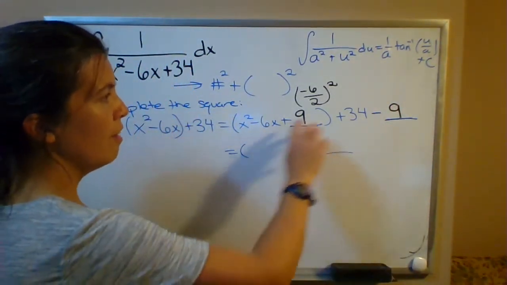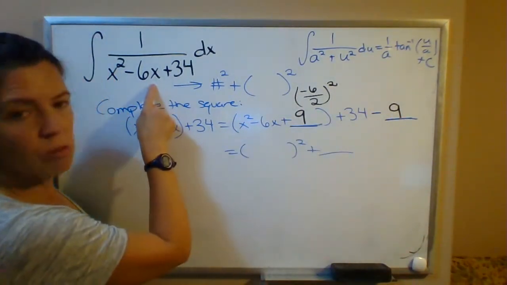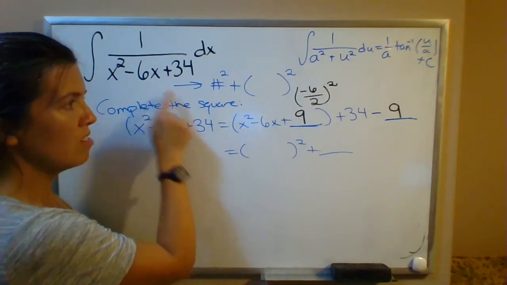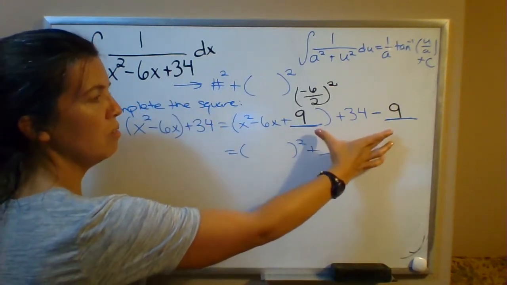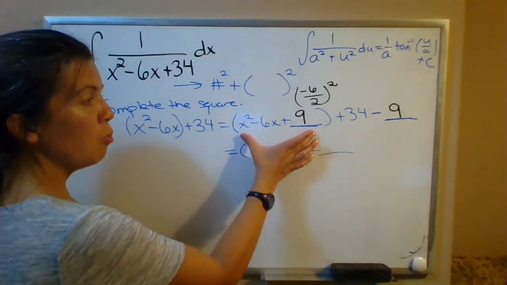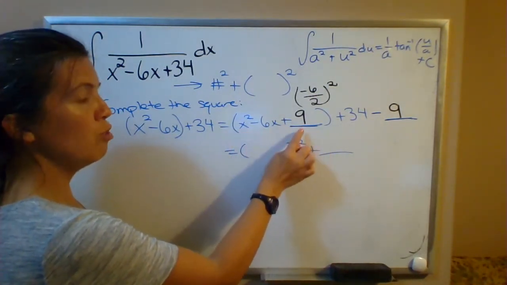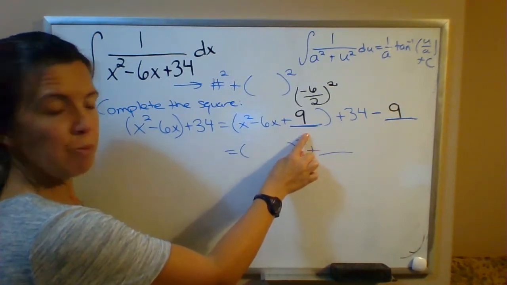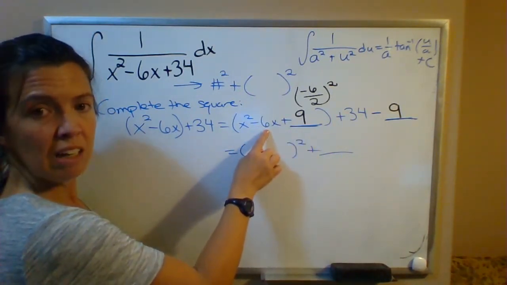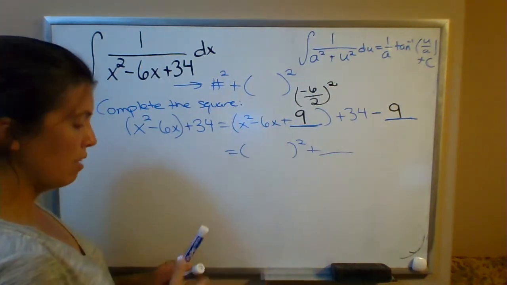Notice that if I combine like terms in all this, I would be back to the original expression, x squared minus 6x plus 34, because the plus 9 minus 9 would cancel out. But when I write it this way, if you think about factoring x squared minus 6x plus 9, you'd look for two numbers that multiply to give you positive 9 and add up to negative 6. That would be x minus 3 times x minus 3, negative 3, negative 3.